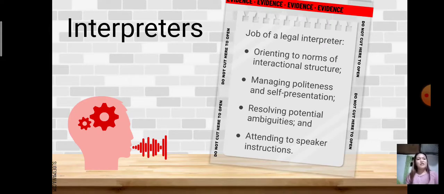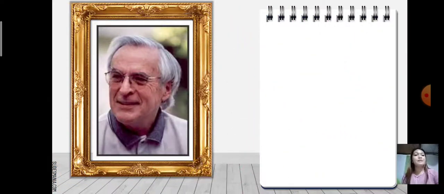So if the interpreter is not listening well, he or she may lead to a misunderstanding inside the courtroom. So there may be falsifications of statements. What the interpreter says may differ from the meaning of the accused. So interpreters, yeah, that's it.